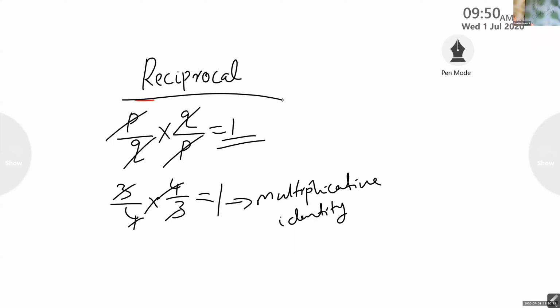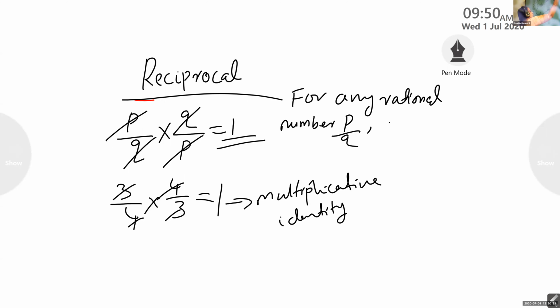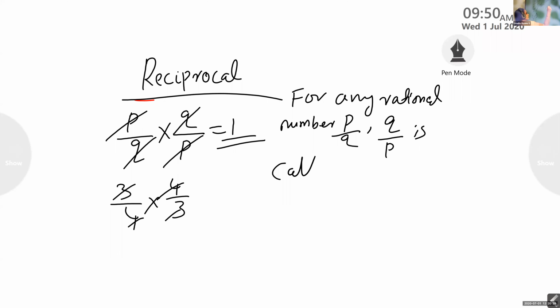Then write, for any rational number P by Q, Q by P is called its reciprocal.